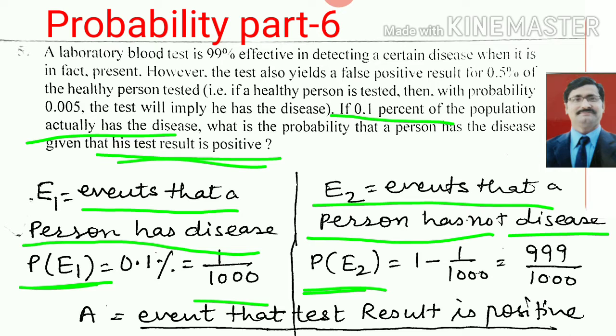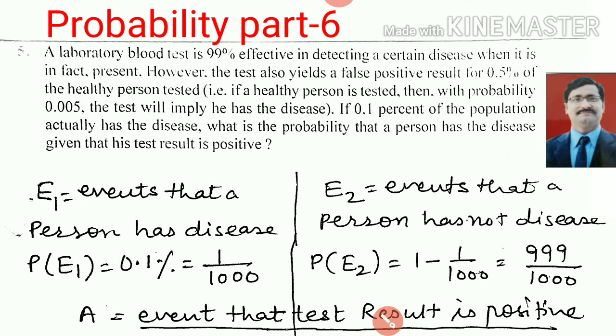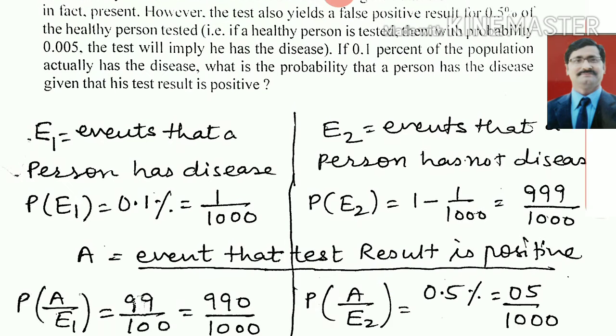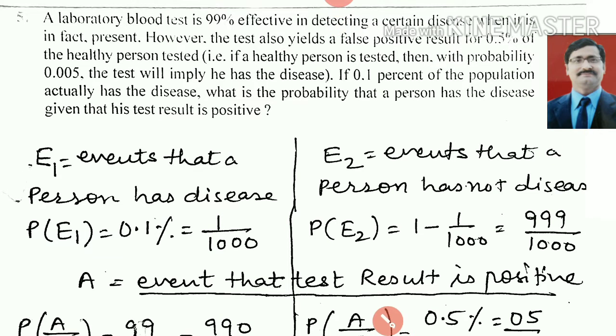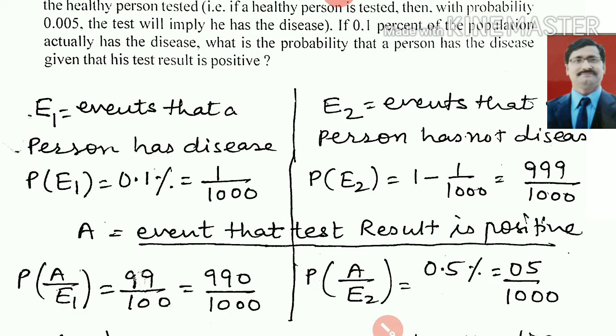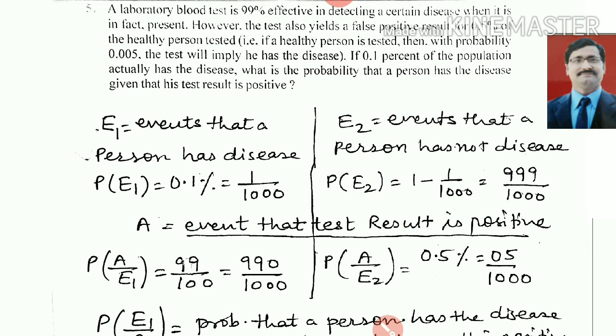So the test result being positive is event A. Now if we take a person that has the disease, what is the probability that the person will get a positive result? That is 99%, which means P(A|E1) is 99 upon 100, equal to 990 upon 1000.